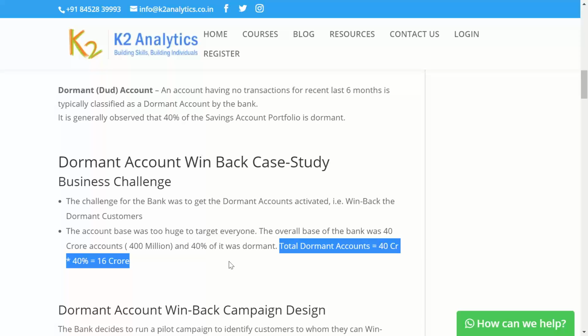It will not be possible for the bank to do campaign to each and every dormant customer, because if you do a campaign to all the dormant customers, you will spend a huge amount.